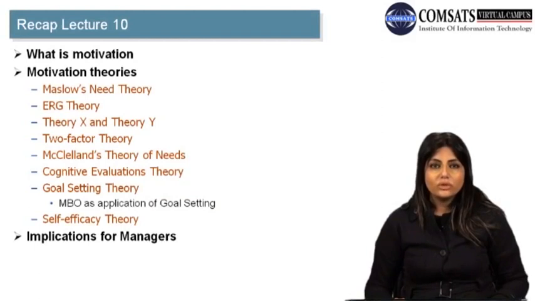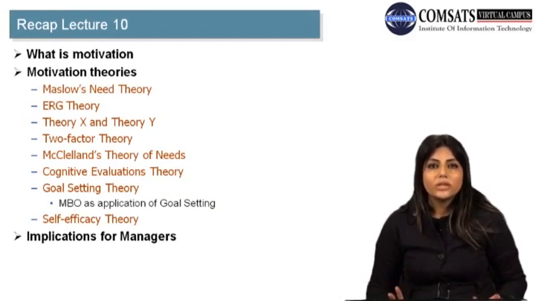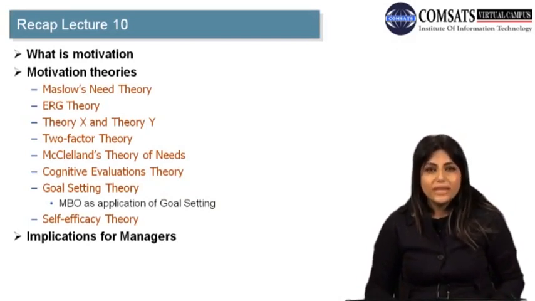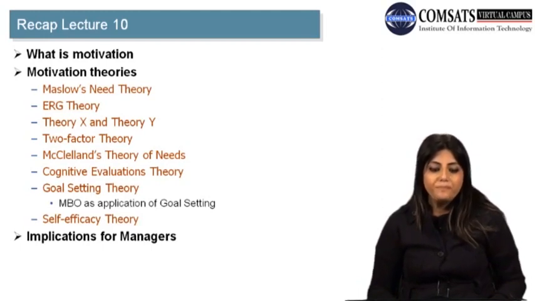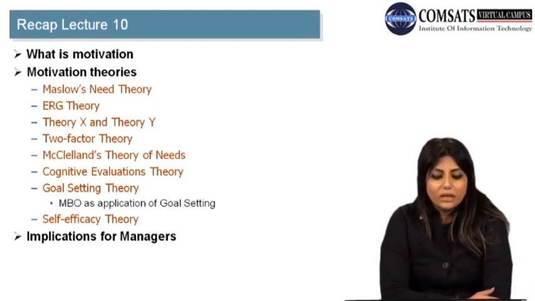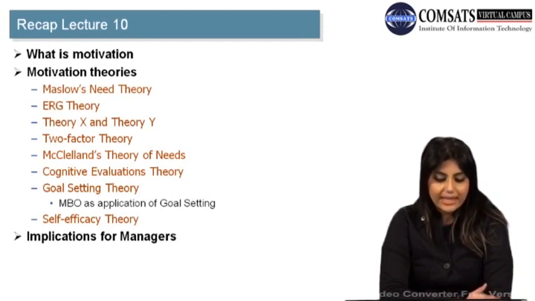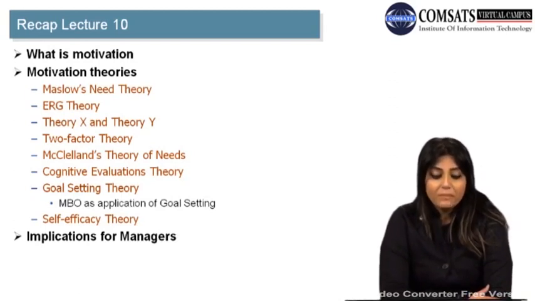Before we move on to today's lecture, I would like to give you a recap of lecture 10, which was on motivation, and we had a discussion on what is motivation and what are the different theories of motivation. We started off with the old theories of motivation, which are also termed as the need theories of motivation, and they are Maslow's need theory, ERG theory, theory X and theory Y, the two-factor theory and McClelland's theory of needs.